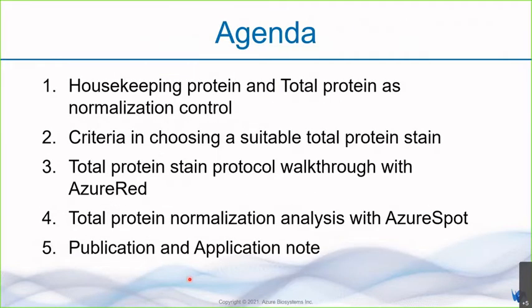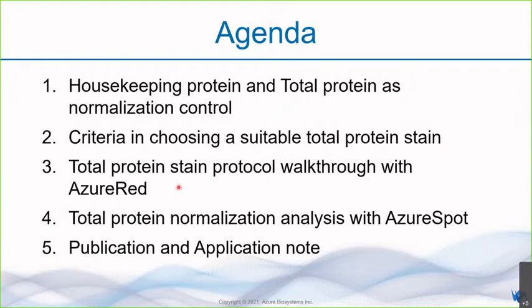Right, this is the agenda for today's session. We will talk about the differences, advantages, and drawbacks of having housekeeping protein and/or total protein as a normalization control of your Western blot. And if you go for total protein normalization, which is definitely better than housekeeping protein, next is how to choose a suitable stain. There are several criteria that we need to look into.